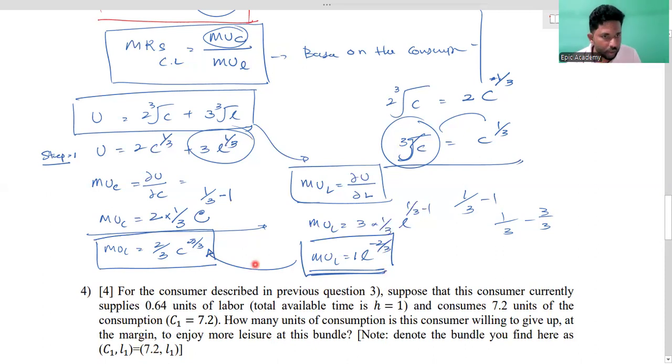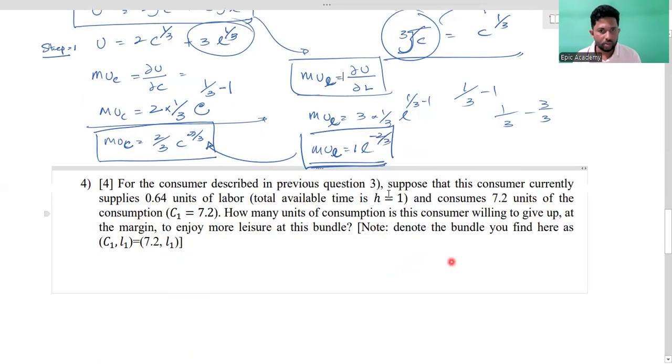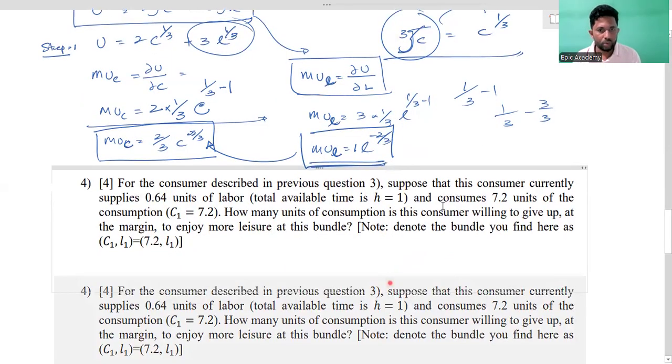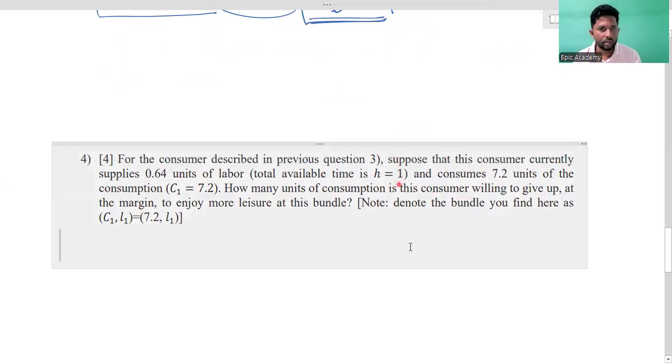This is MUC. This is MUL. I think it's clear. Now you identify those two calculations related to MU and other things.